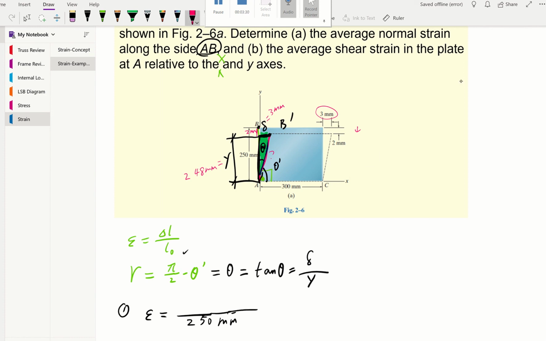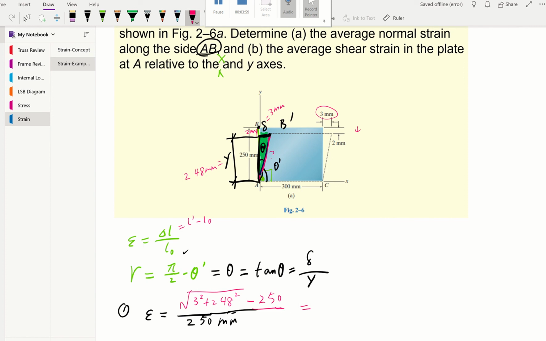So that would be the square root of 3 millimeters squared plus 248 squared. That's going to be the final length, L prime, minus L naught. It's a change, so we subtract the original length, which is 250. With that, we can calculate our epsilon. So plug it in. Let's take a look.